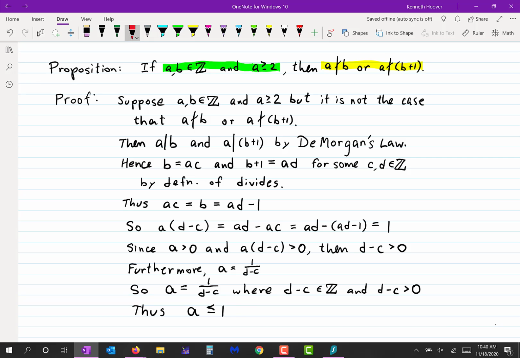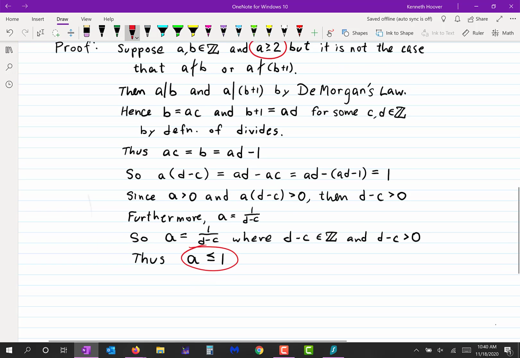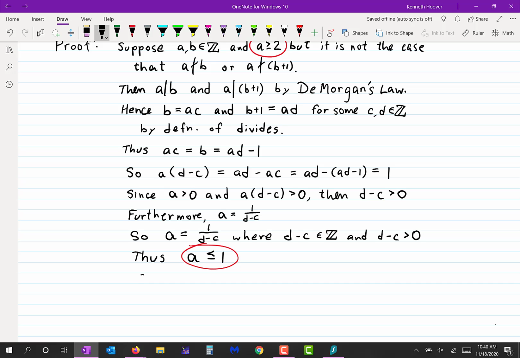But that contradicts this. Sorry, I circled it in the wrong place. There we go. A can't be equal to or less than 1 and also equal to or greater than 1. So let's point that out. This contradicts the fact that A is equal to or greater than 2.